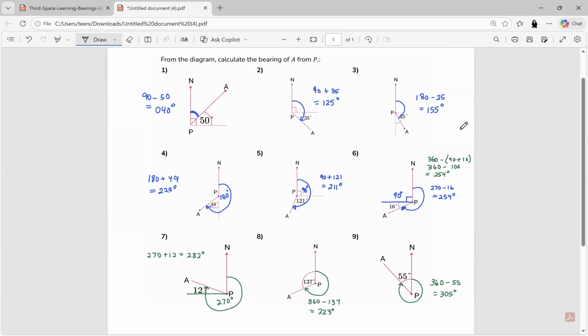Second thing is about being able to calculate angles around a point. If you were able to correctly identify the bearing, but then you had problems with calculating the angles, you need to let me know because I'll send you some practice on finding angles around a point.